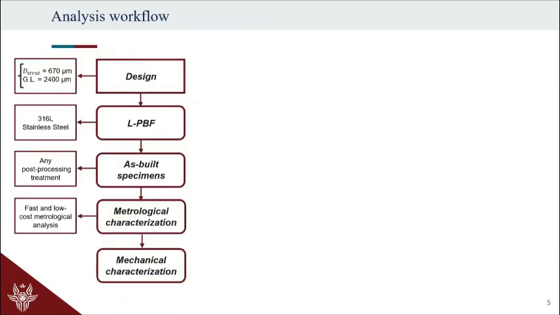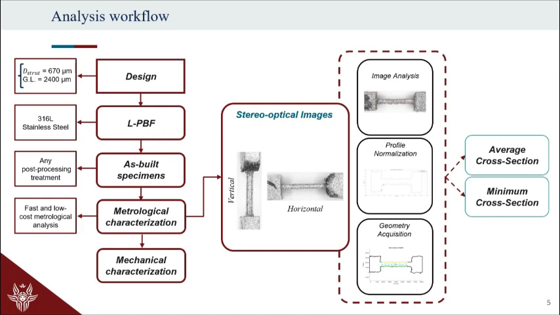We followed a workflow which starts from, of course, the manufacturing, so the design and the printing of these components. But, of course, it is very important to understand what is the as-built geometry of this miniaturized specimen, and so defects. Therefore, we perform, firstly, a methodological characterization based on very fast, computationally cost-effective stereo-optical images.